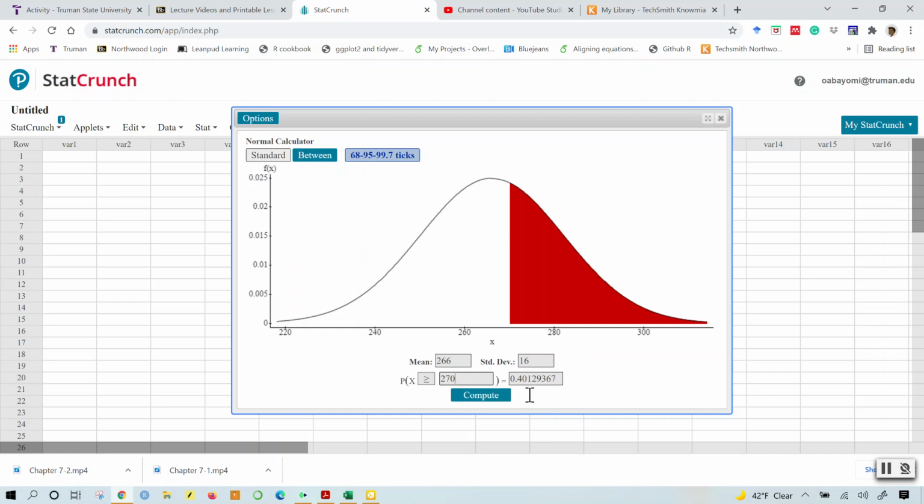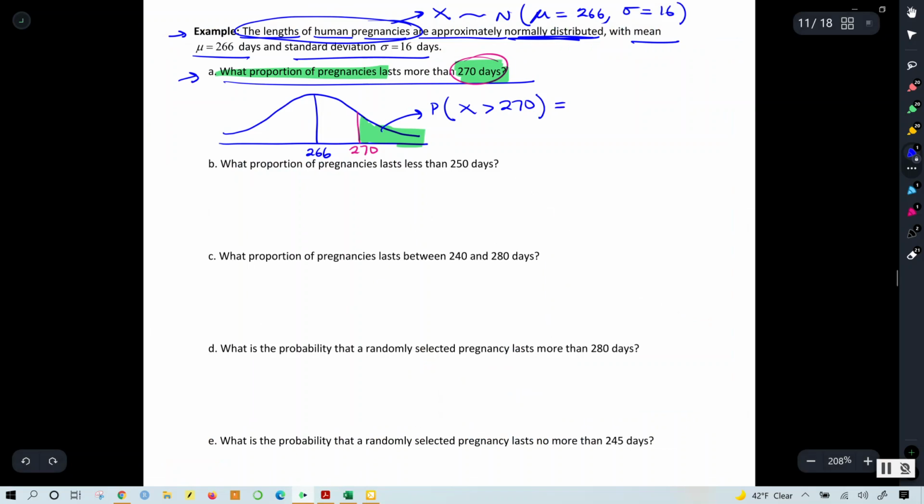Enter. 0.4013. This is the proportion of pregnancies that last more than 270 days.